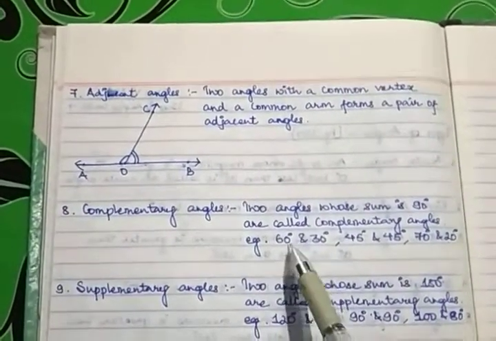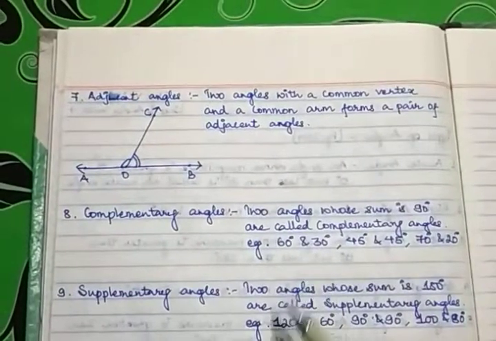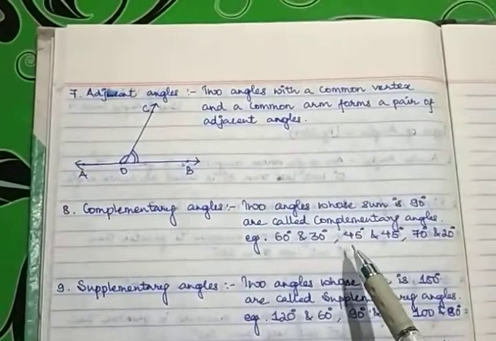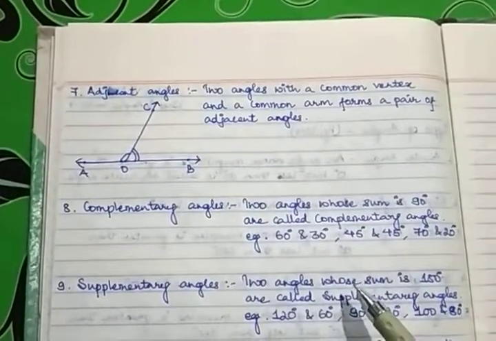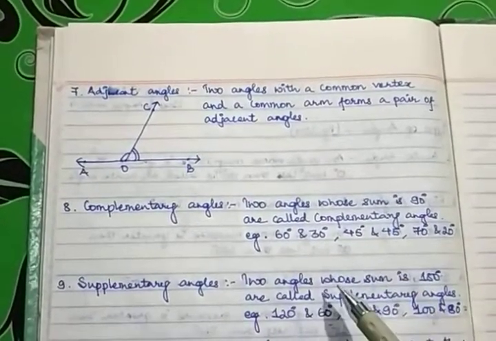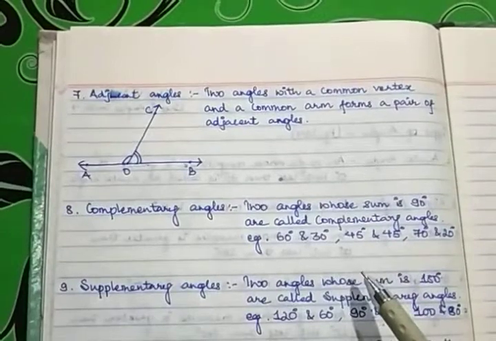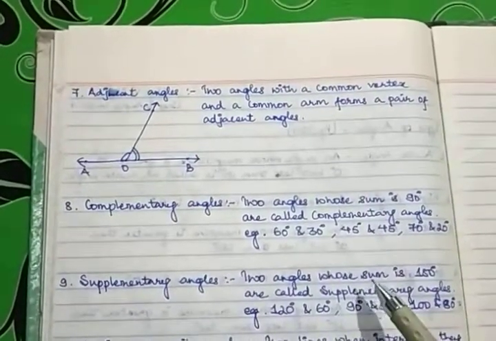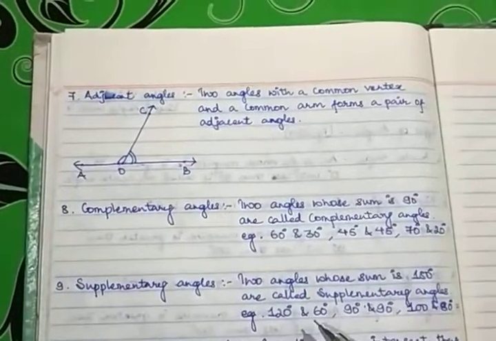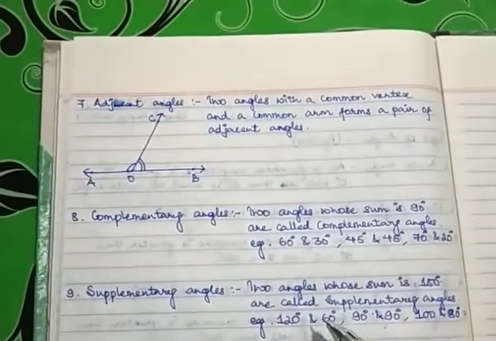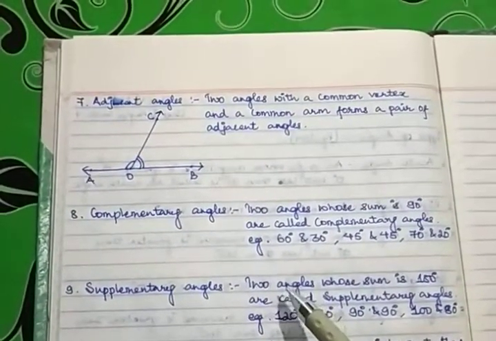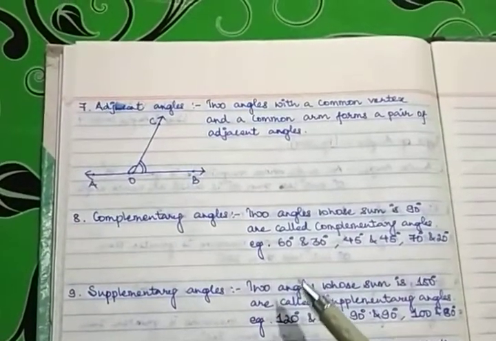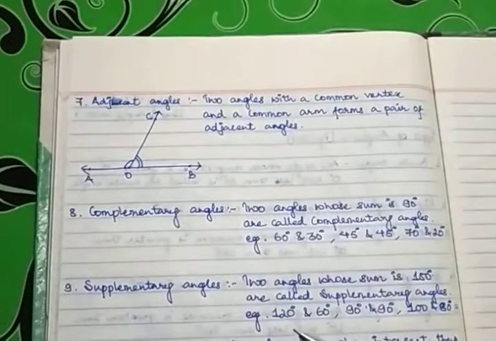Simple examples are an angle with 60 degree measurement and 30 degree measurement. 60 plus 30, it's 90, isn't it? 45 degrees and 45 degrees, when you add those two, you will get 90, so those two angles are also complementary. 70 and 20 give 90, so complementary. An angle of 1 degree and 89 degrees is also complementary, because 1 plus 89 is 90.